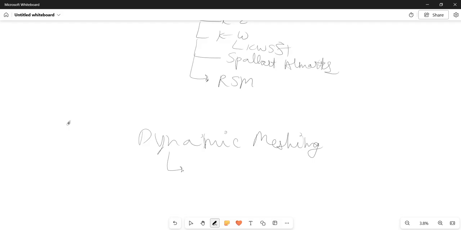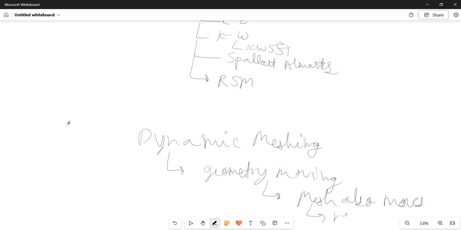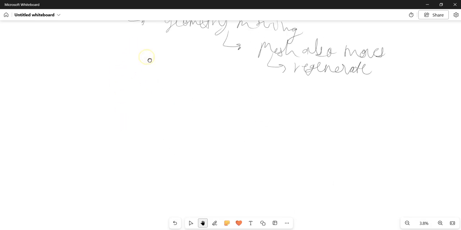In dynamic meshing, what does it mean? It technically means, if your geometry is moving, your mesh also moves, or it has to regenerate. That is dynamic meshing, right? Not going into anything in detail.